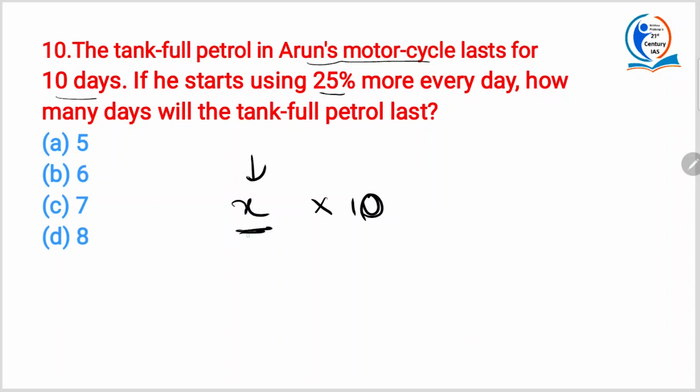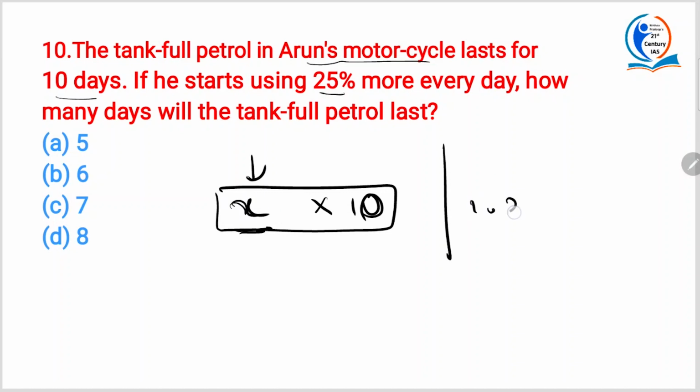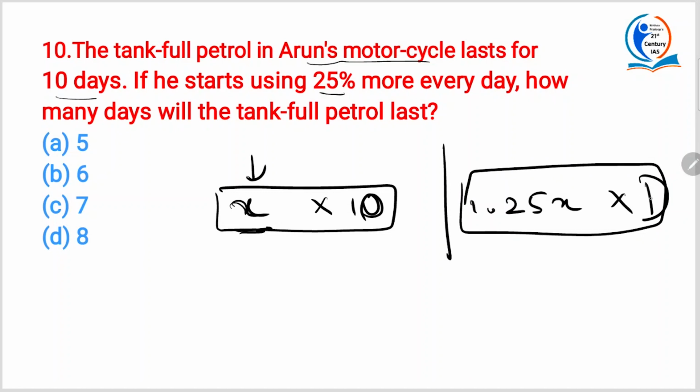Total amount of petrol is same. So X into 10 is the total amount of petrol initially. Now he's using 25% more, which means X will become 1.25x, and number of days we do not know. Let that be D.